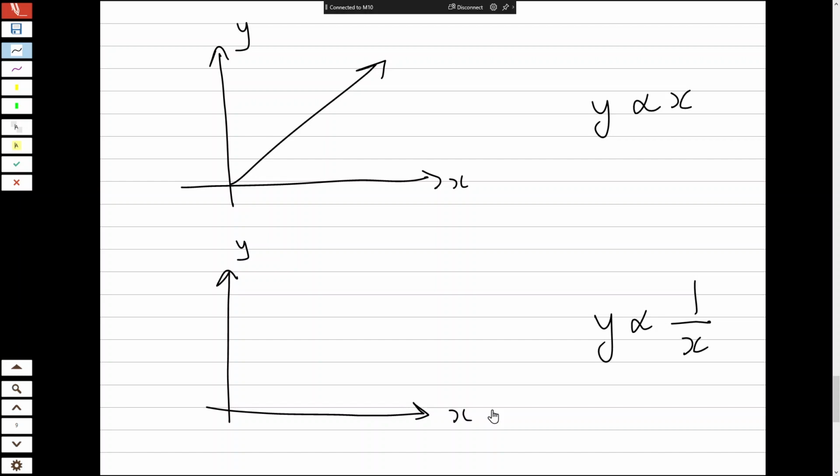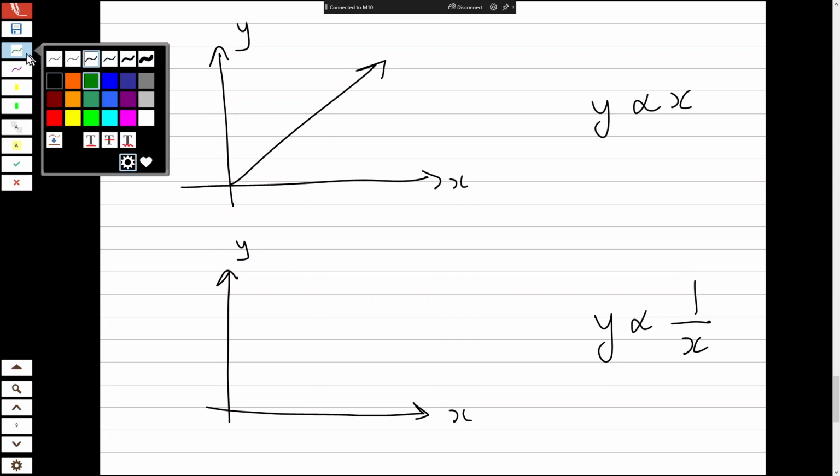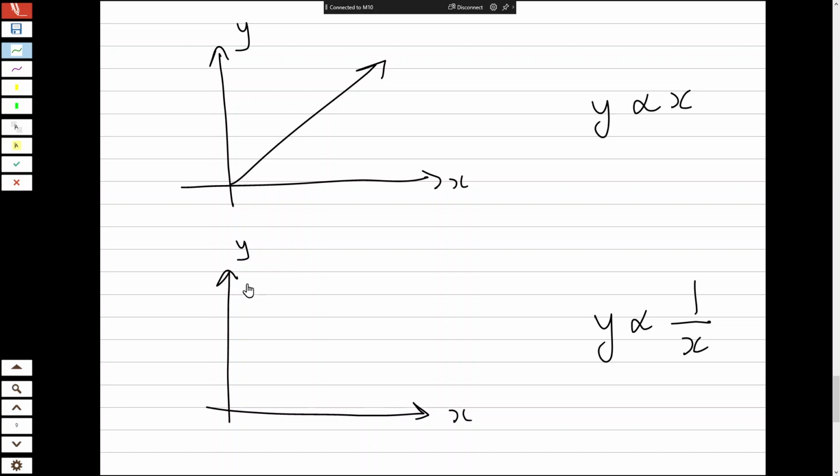No, it's not a straight line. It's 1 on x. It starts at 1, obviously. Then it goes to x. All right, I'll draw it. Okay, so it looks like this. When x is really small, y is really large.